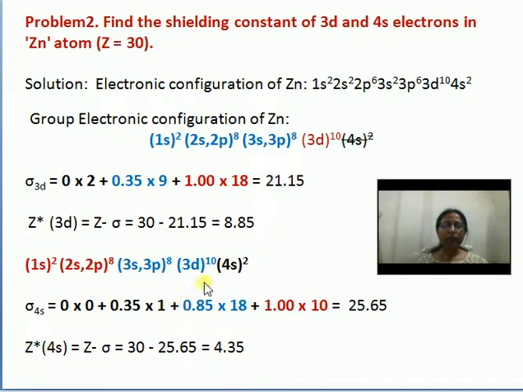Now for the n minus 1 shell, this will be 10 plus 8, 18 into 0.85, and then we go to the n minus 2 shell where it will be 8 plus 2, 10, and the contribution will be 1, so it will be 10 into 1, and the resultant value will be 25.65. So the Z star felt by one of these 4s electrons will be Z minus sigma is equal to 30 minus 25.65, and it will be 4.35.